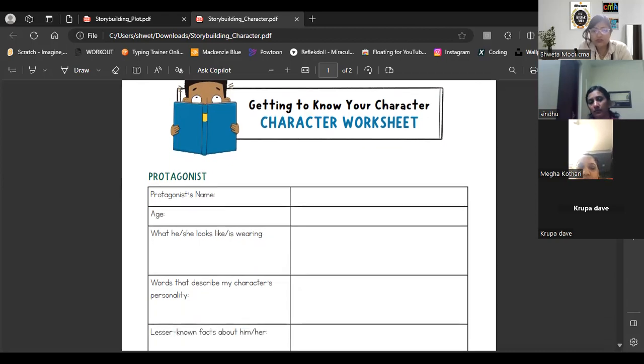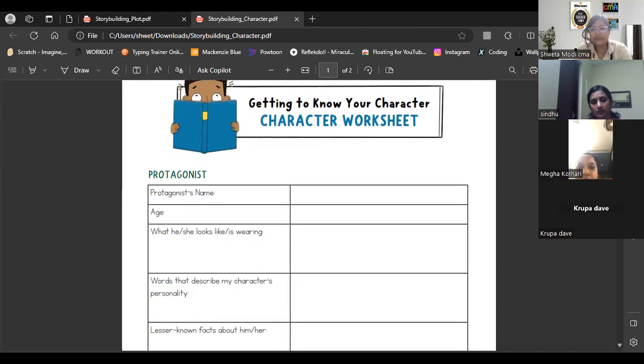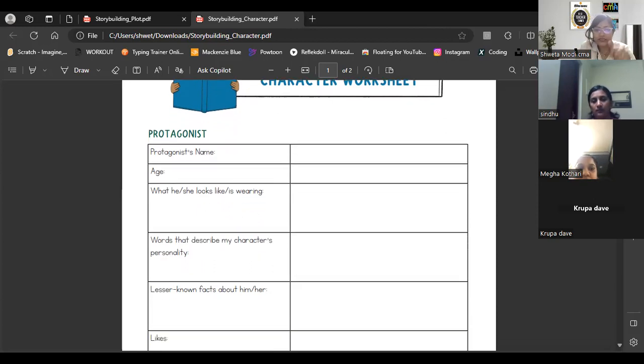So this is the sheet which you have to do from your story. You have thought of a story in your mind, then you have done the setting, then the plot, where you have all the 5 steps, and then you have to write here the name, age. Why are we doing this? So that our children start thinking.